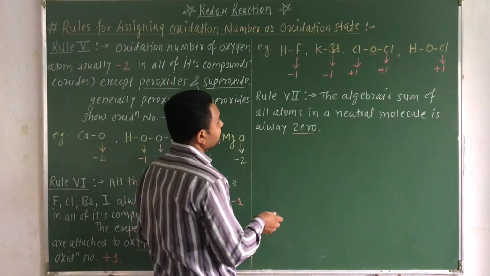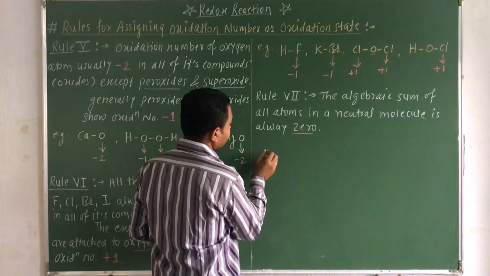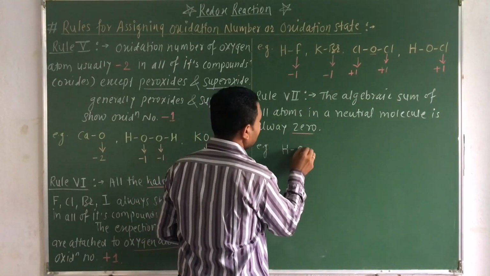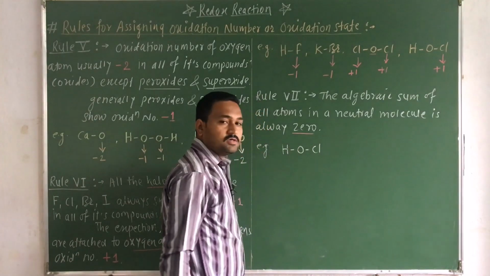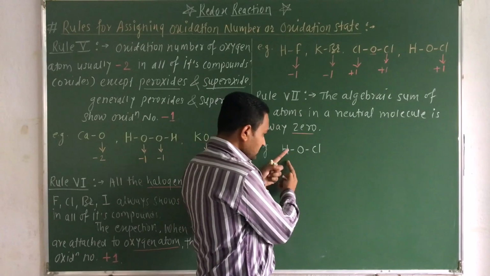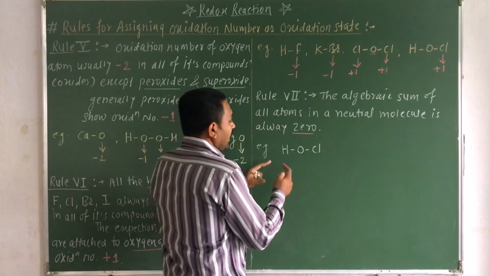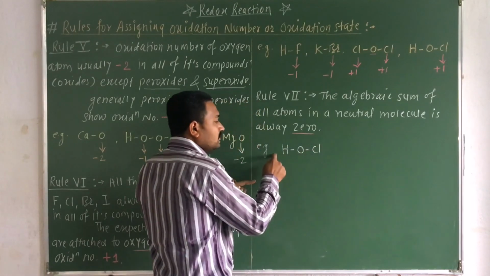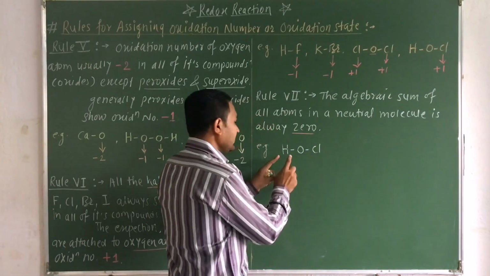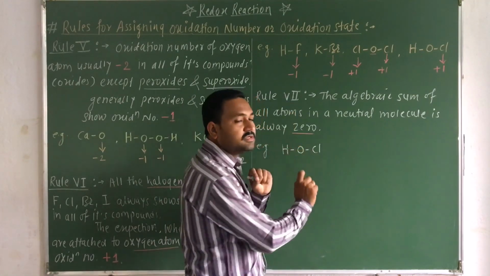For example, let us take that example, that is HOCl. So this particular molecule is made up of hydrogen atom, oxygen atom and the chlorine atom, okay. And now this particular molecule does not have any charge, it is a neutral molecule, and hence its oxidation number is considered to be 0. But let us see whether the oxidation number is 0 or not.